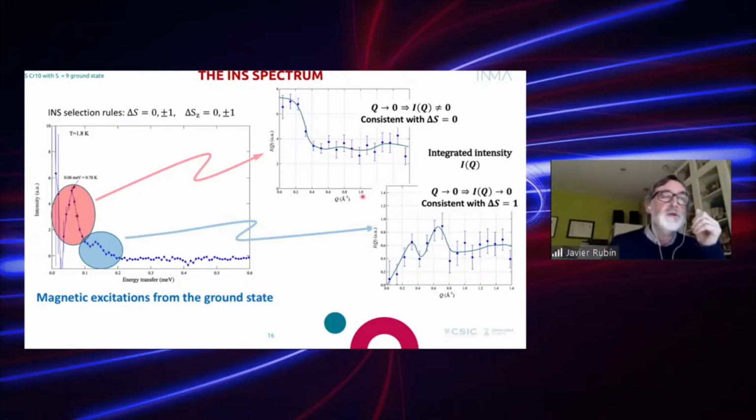These behaviors are not compatible with vibrations or phonons and so on, but they are compatible with magnetic excitations in 2 different cases.